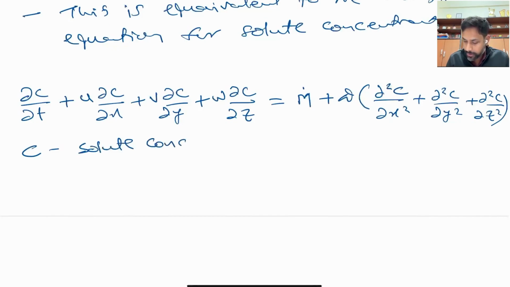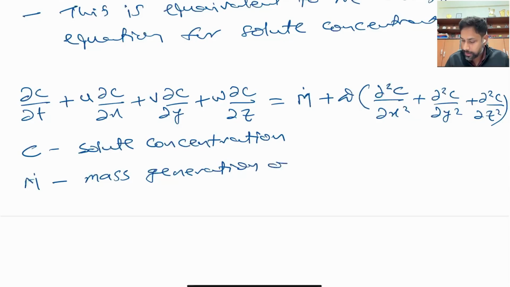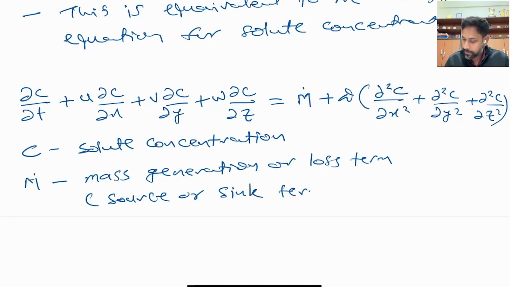solute concentration and M here is the mass generation or loss term, which is also known as the source or sink term.